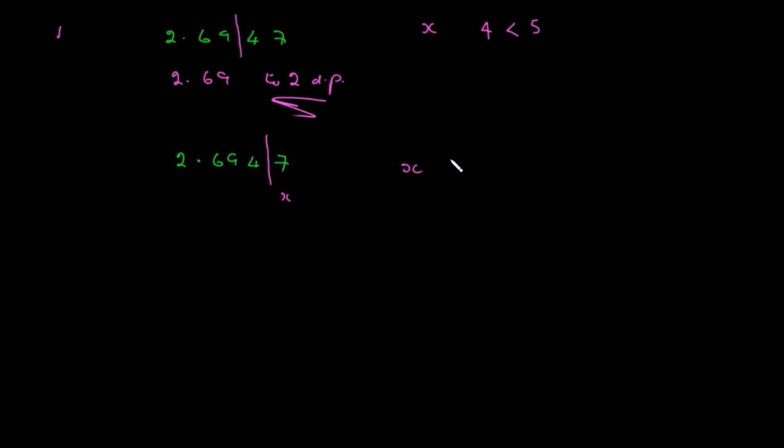So the question mark: is x greater than or equal to 5? Yes. So we change the 4. So we end up with 2.695. We round it up by 1 place. But then we say to 3 decimal places.